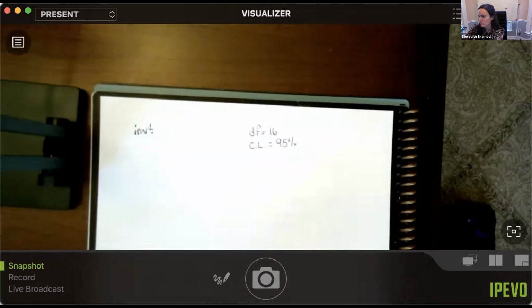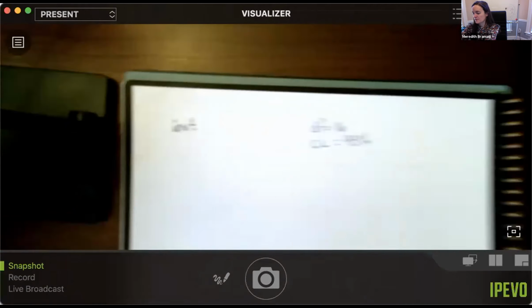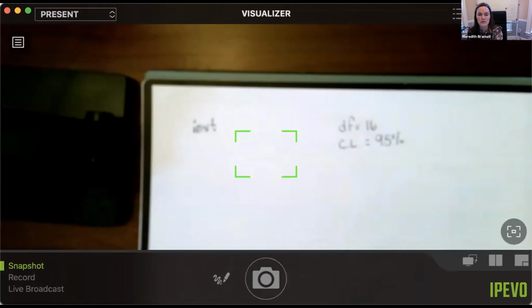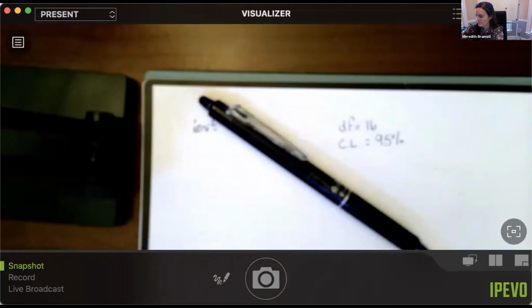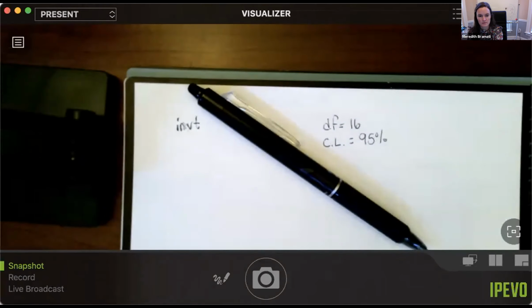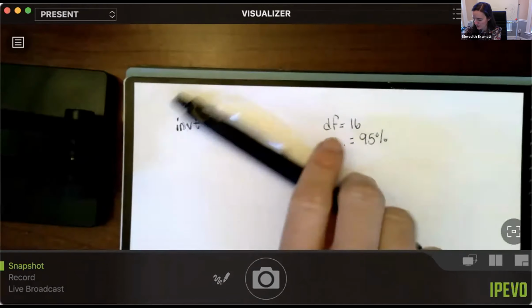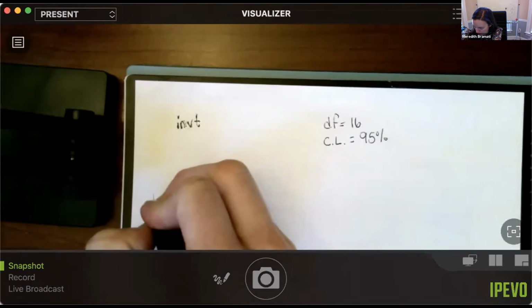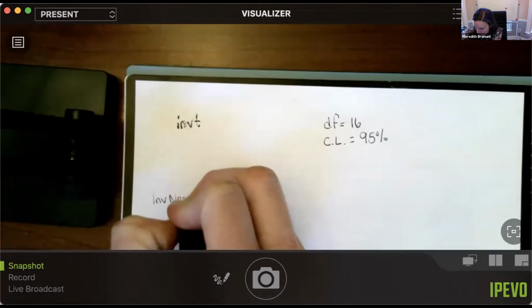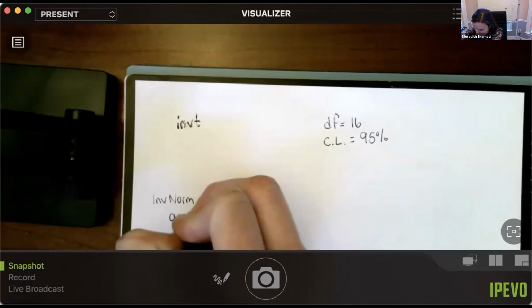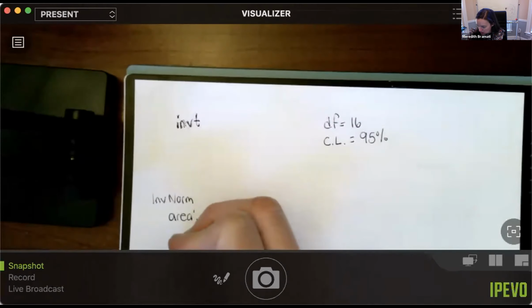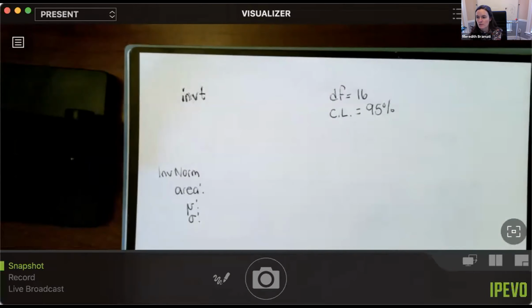I showed you how to do this last week with the invert norm. Remember when we did invert norm? It had area, and it had mean and standard deviation.